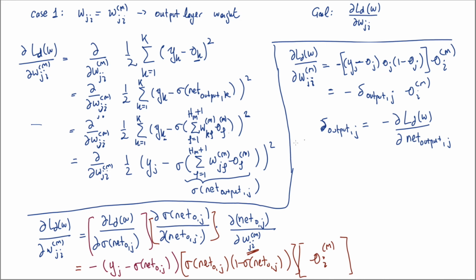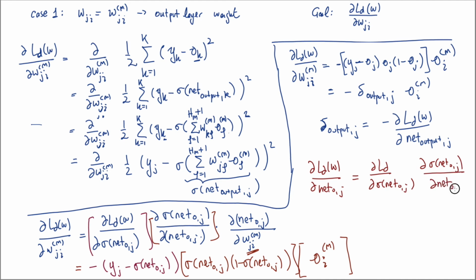Okay, so sorry, I just realized that might not be very clear. dL/dw, right? Using the chain rule, this is just dL with respect to sigma of net output j times d sigma of net output j with respect to output j.